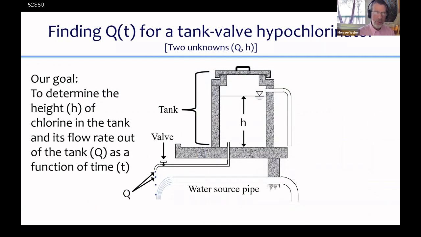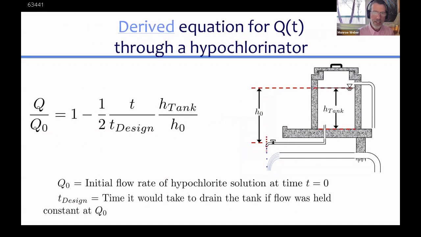So we're going to find out what does the flow actually do as a function of time? And the derivation for this is in the textbook. The derivation involves integration. It's not that complicated, but the result is what's really cool, and it's what I'll show here.